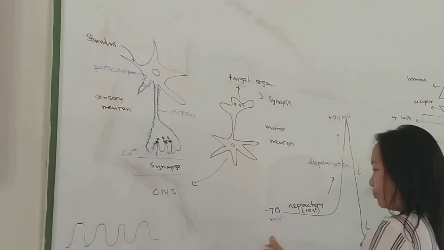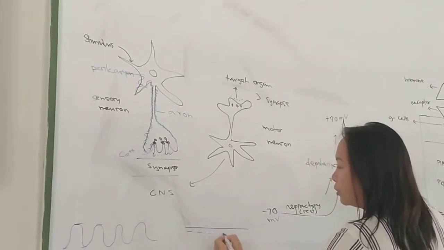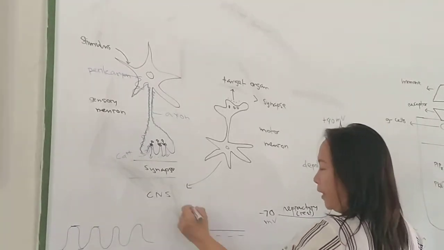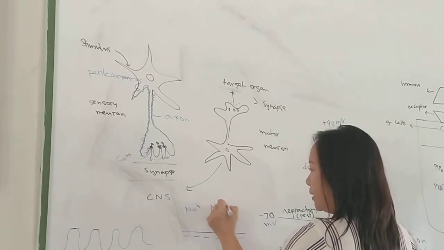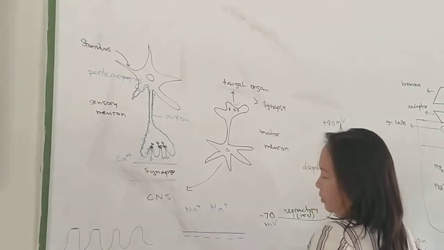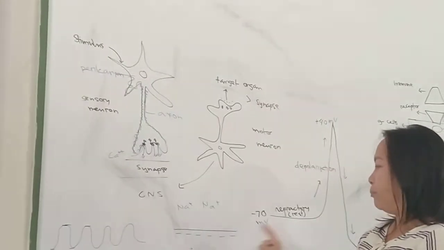Class, actually, a membrane is negatively charged. The membrane is negatively charged. And here comes the sodium, which is positive, outside, and potassium inside. Okay? Now, this is what happens during repolarization.